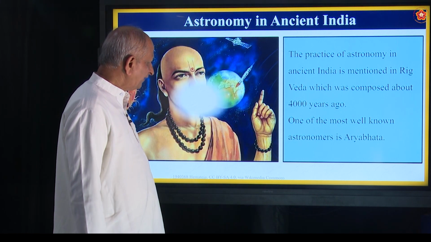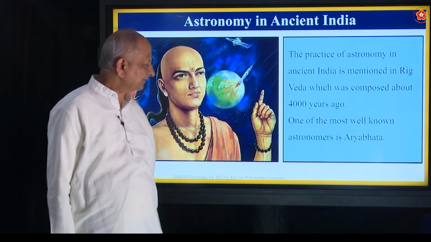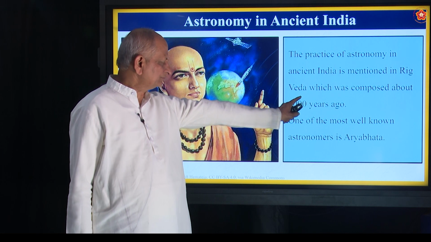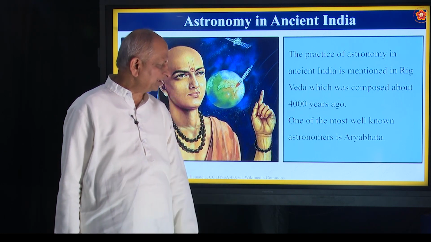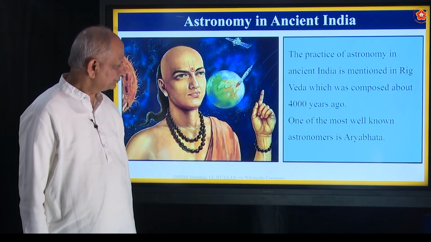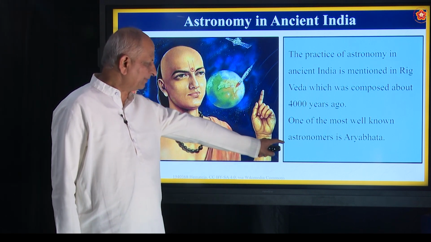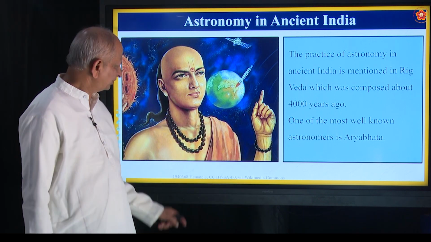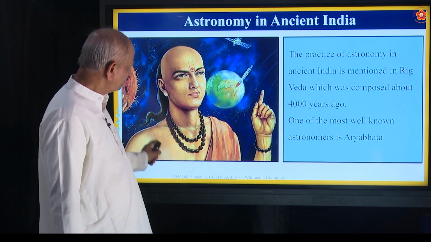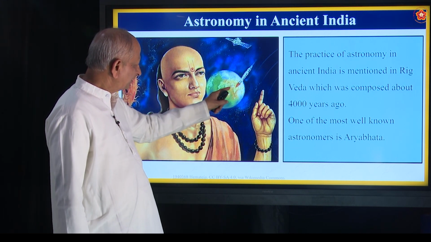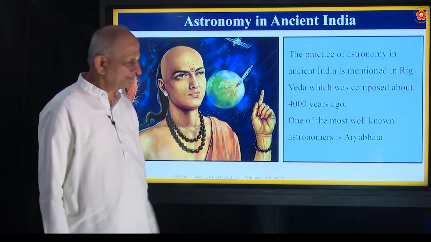So the practice of astronomy in ancient India is mentioned in Rig Veda, which was composed about 4000 years ago. The most well-known astronomer is Aryabhata. So this is a beautiful photo of Aryabhata. This is the Earth. This is about rockets. This is about satellites.